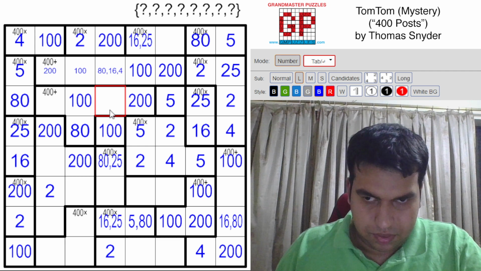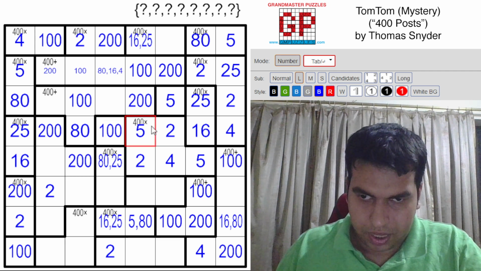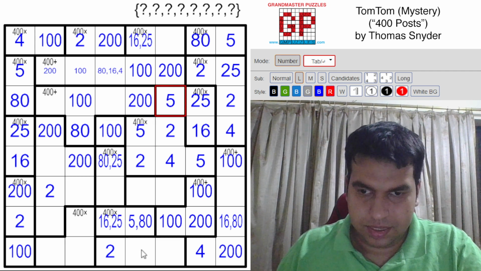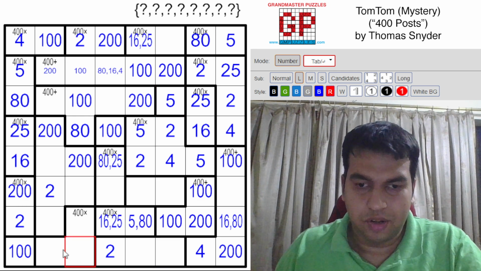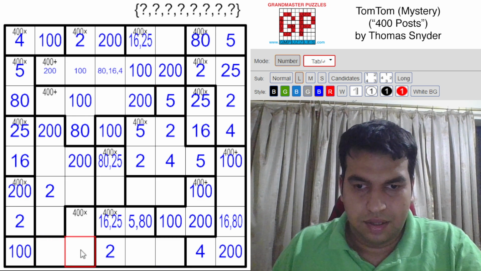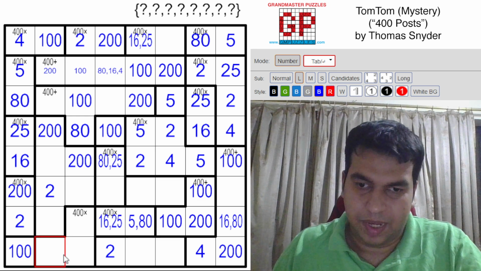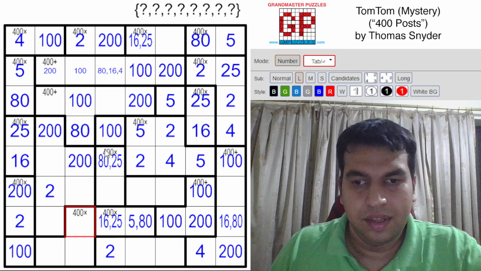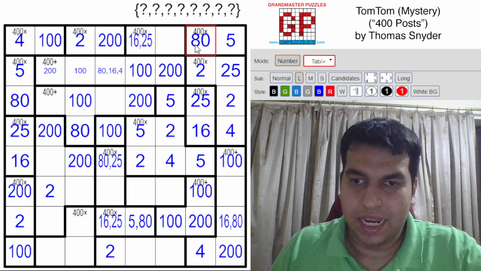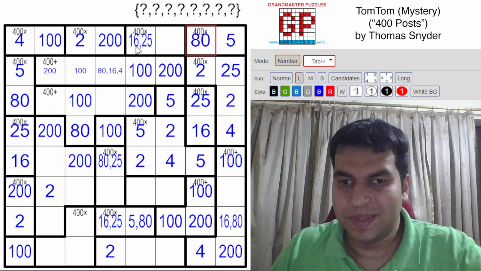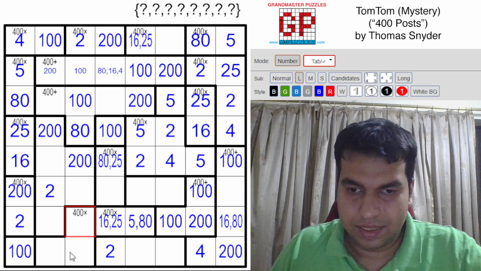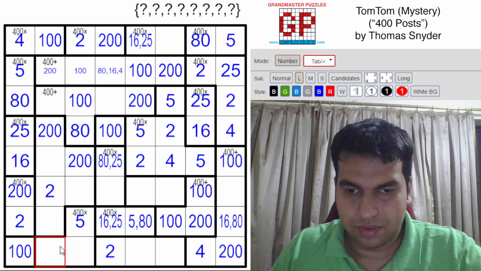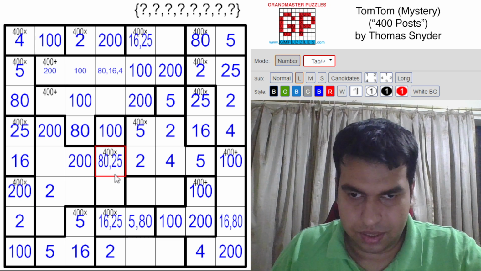Okay, so now look at the fives here. That means in the last row, 5 can only go in one of these two cells. So if I have a 5 here, the remaining is 80. The only way I can make an 80 with my number set, I can't use the 80 itself because I don't have a 1. So it has to be 16 into 5. So that means this area has two fives. So we get this as the resolution.